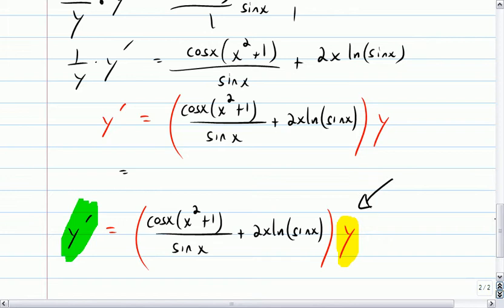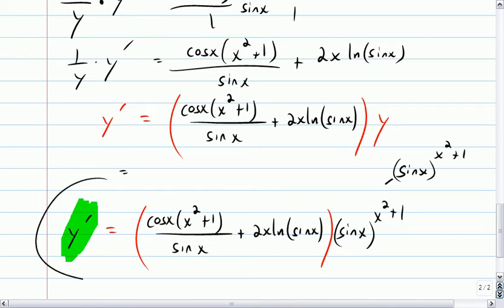If we go back to the beginning of the problem, y was equal to sine x to the x squared plus 1. If I replace that, now my derivative is just a function of x, and it's now actually much more useful.